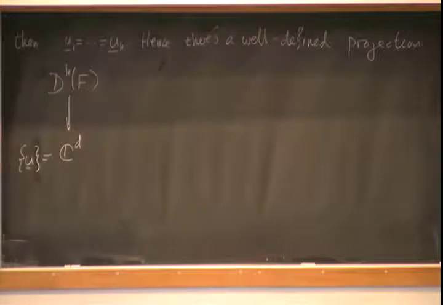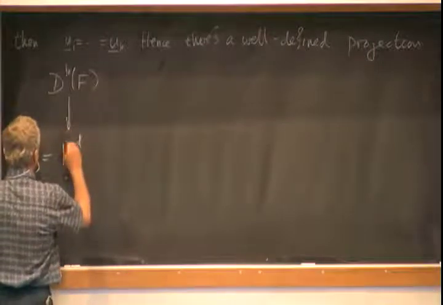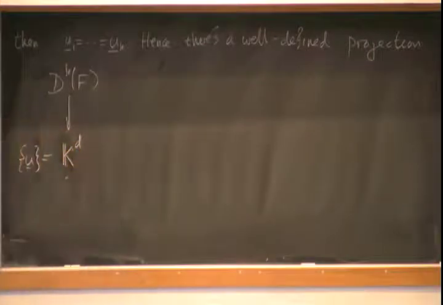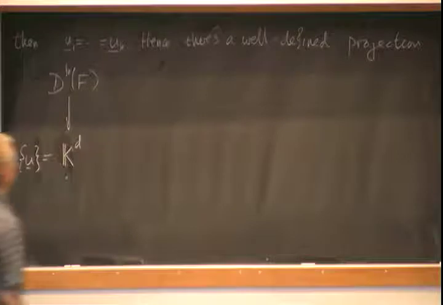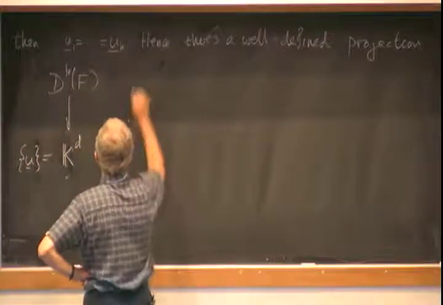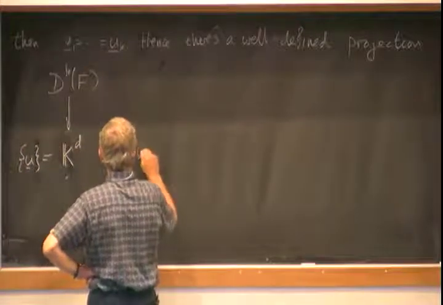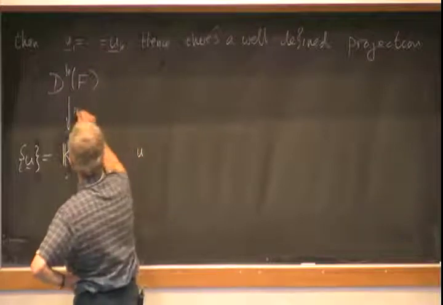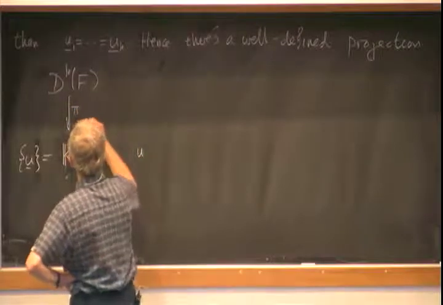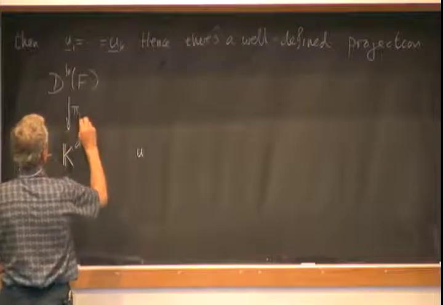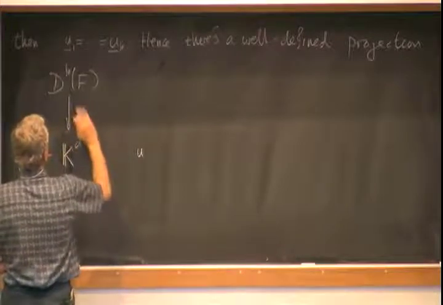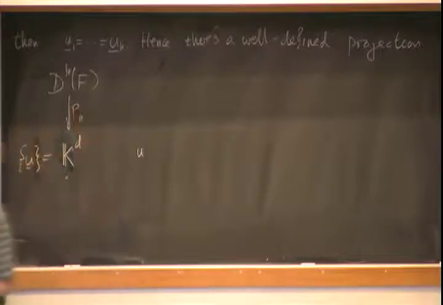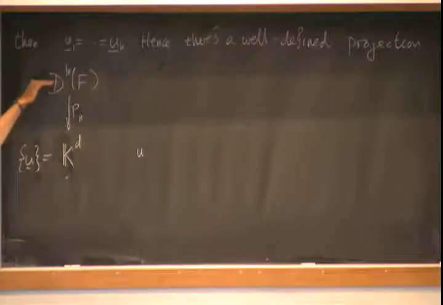And I'm doing complex geometry now. Well, this is still true. Let's just say k to the d. It could be real, it could be complex. Let's call this map p_k. Now this is a smooth space. This is a smooth space.